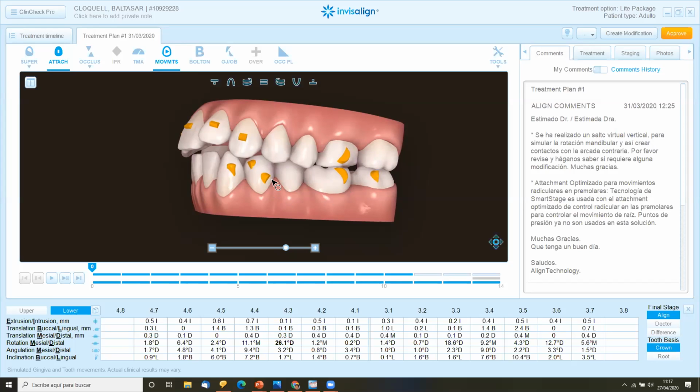So if you often listen to me, you know that if there's a root control attachment, I always activate my mind. Like I put on a light bulb and I say, hey, let's see if we really need this, okay?